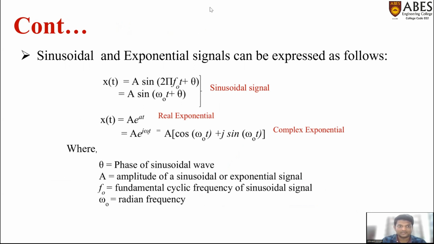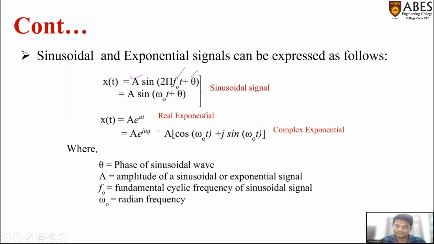To be more specific, let me denote it. Here capital A is the amplitude, small f naught is the frequency of the signal, and theta is the phase shift. So this is the general mathematical expression for the sinusoidal signal.